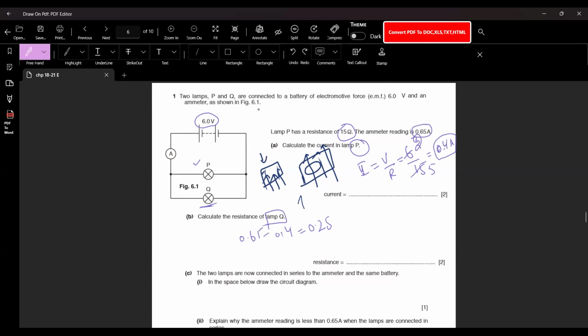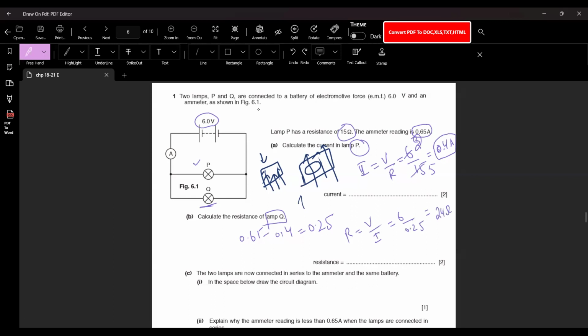We know the value of voltage, which is 6 volt, because they are attached in parallel. So R is equal to V over I, which is 6 divided by 0.25. This would give us a value of 24 ohms.